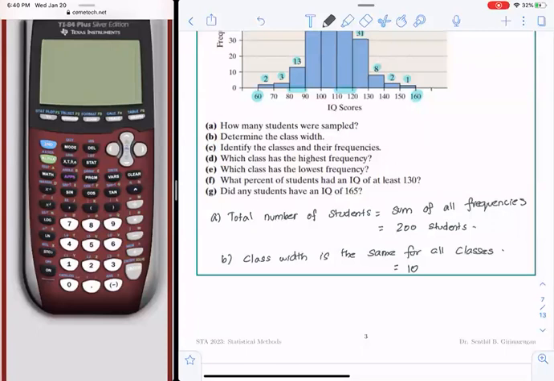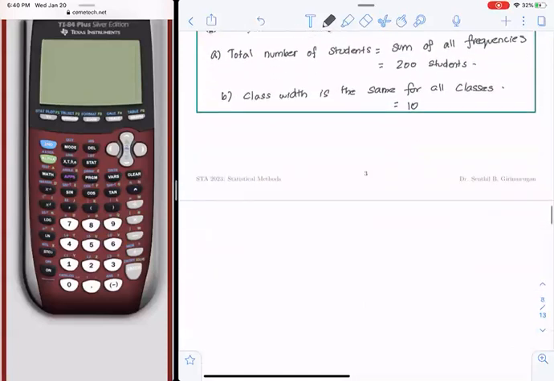So now we have to identify the classes and their frequencies. In other words, they are simply asking for a frequency distribution. So the classes that we have and the corresponding frequencies. We know that the first class starts with an IQ score of 60, and each class has a width of 10.